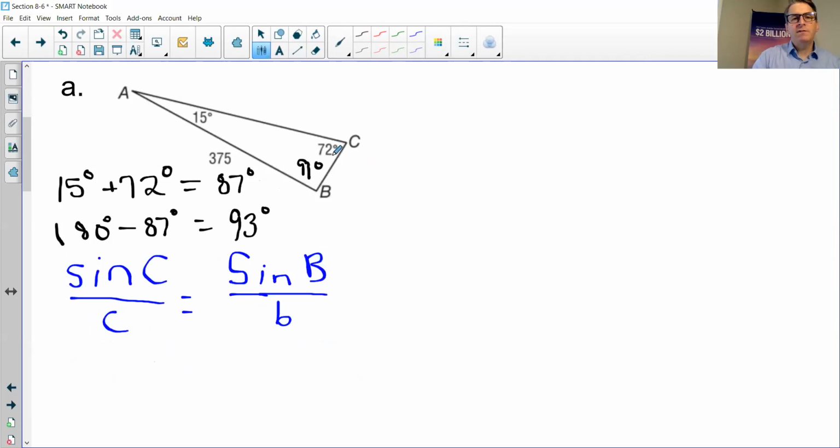So the sine of C would be the sine of 72, divided by, in this case, 375. Opposite of the angle 72 is the side 375.